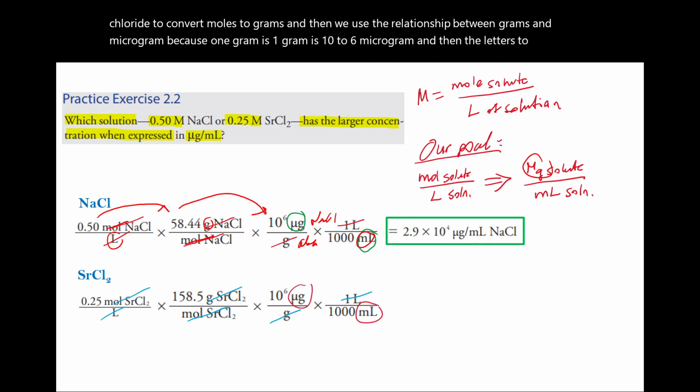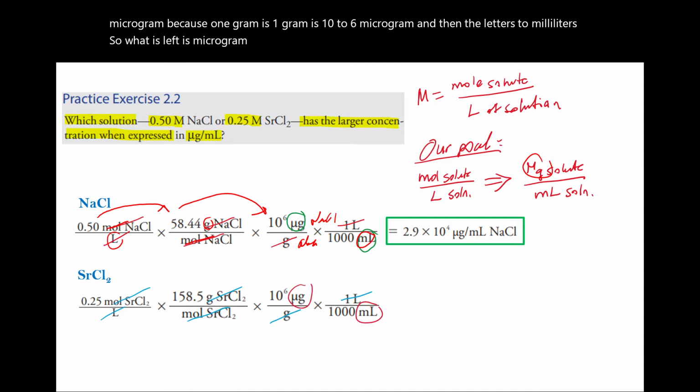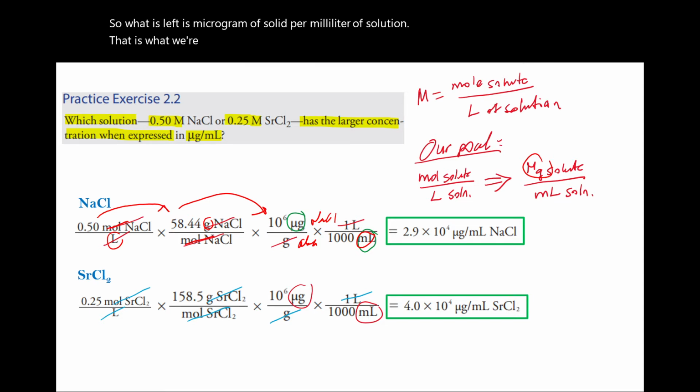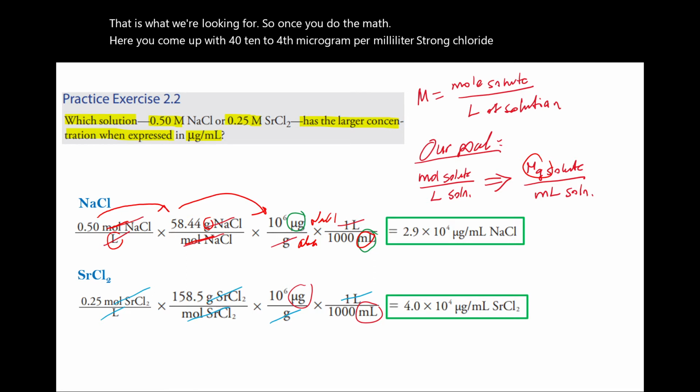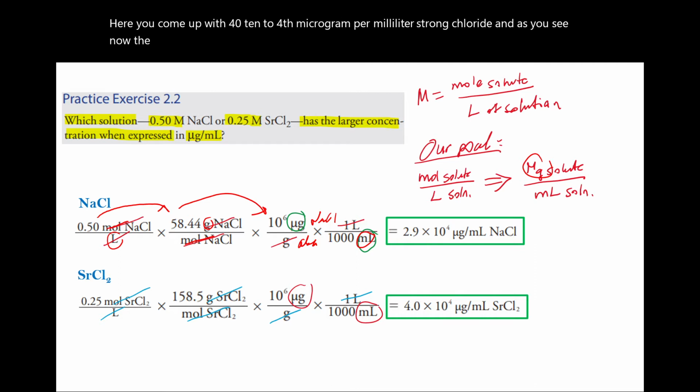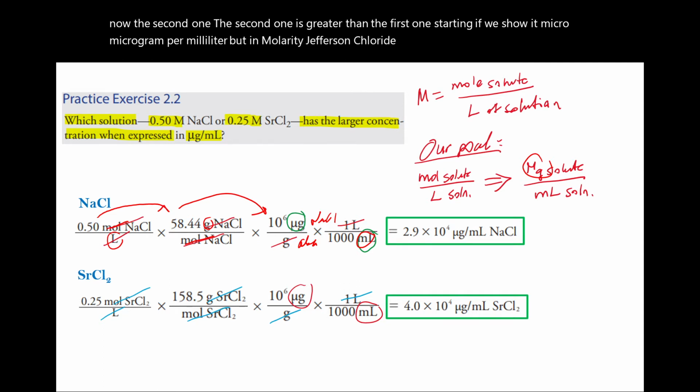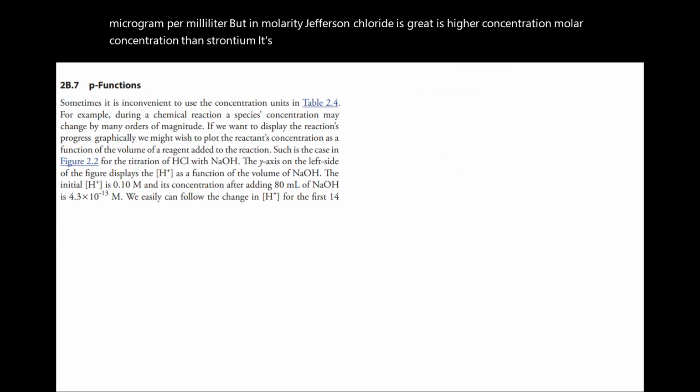So what is left is microgram of solid per milliliter of solution, and that is what we're looking for. Once you do the math, you come up with 4.0 times 10 to 4th microgram per milliliter strontium chloride. And as you see, the second one is greater than the first one if we show it in microgram per milliliter. But in molarity, the first, sodium chloride, has a higher molar concentration than strontium. It's almost double. It's double.